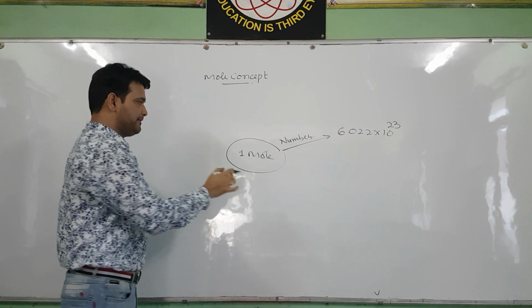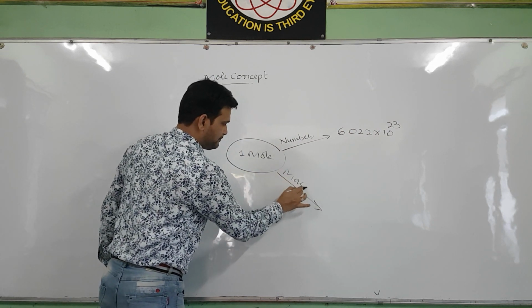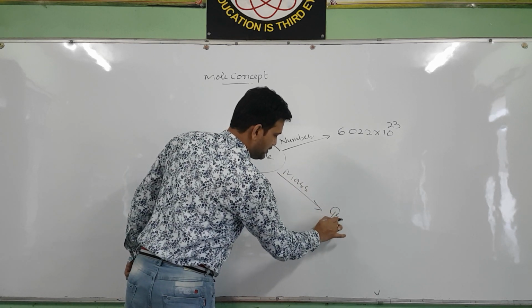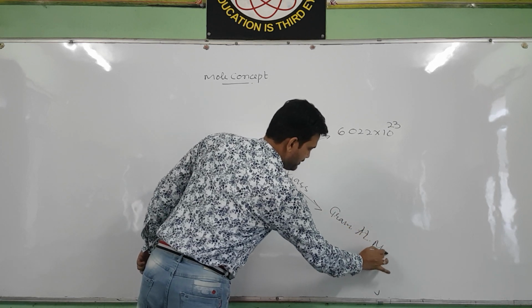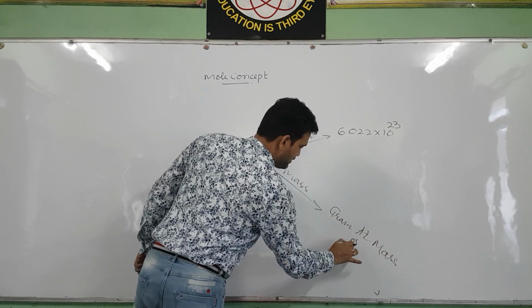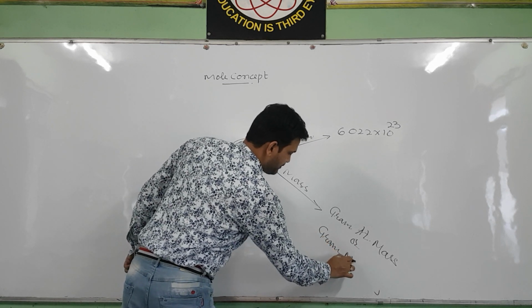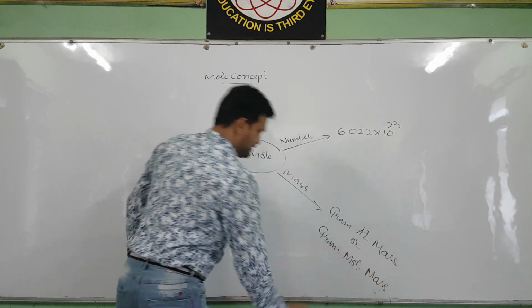In terms of mass, 1 mole is equal to gram atomic mass or gram molecular mass.